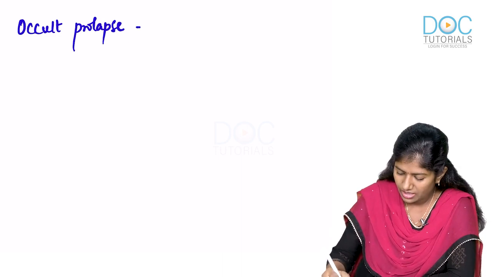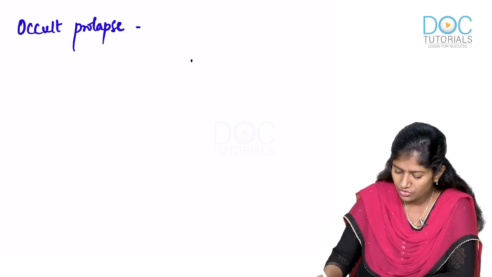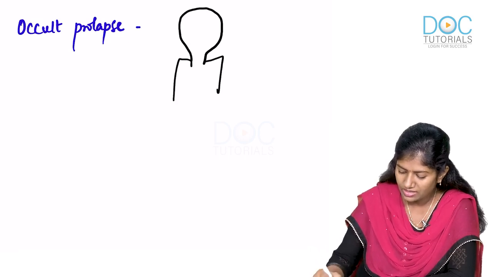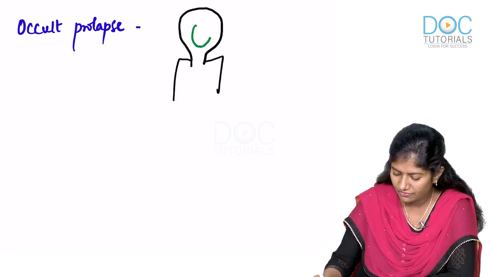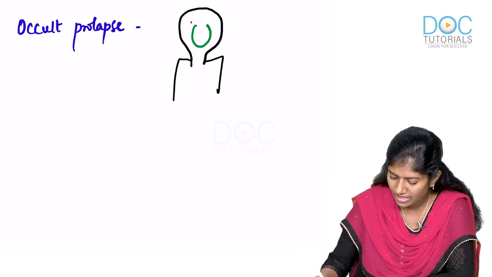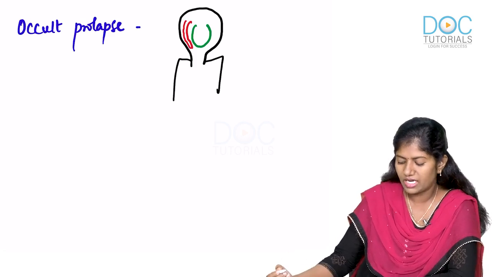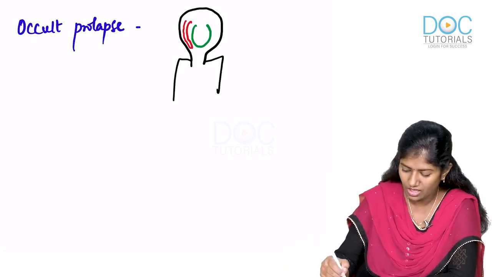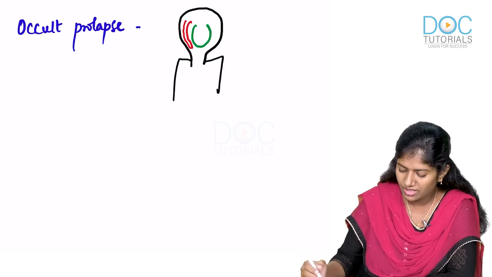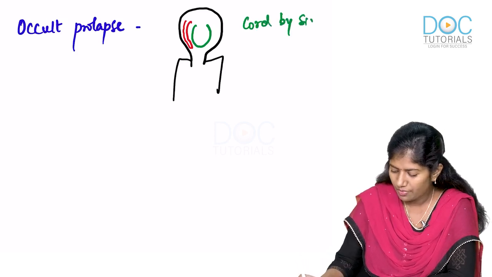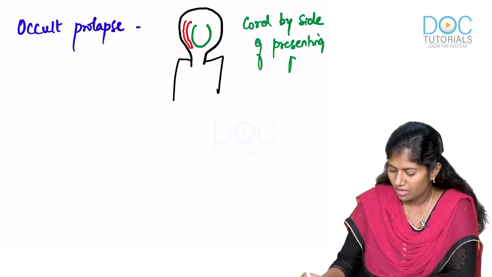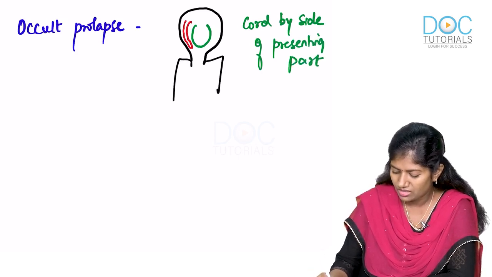If this is the uterus, the cervix and the vagina, and this is the fetal head, and the cord is by the side of the presenting part and has not slipped into the cervix or the vagina yet, we call it occult prolapse. Presenting part means head.